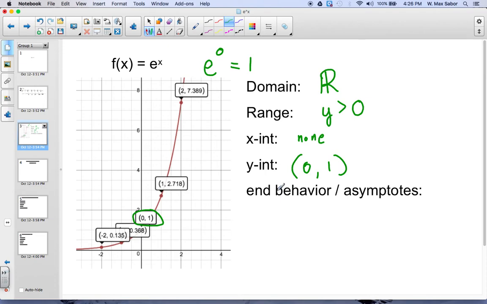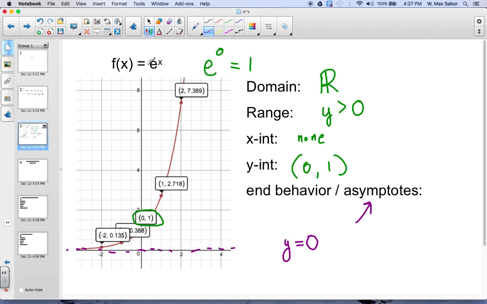And our end behavior, it goes up and to the right, which is pretty clear here. And then on the left, it is going down, but it's not going down to infinity. On the left, the asymptote is y equals 0. So we have a horizontal asymptote at 0 that it gets closer and closer to.